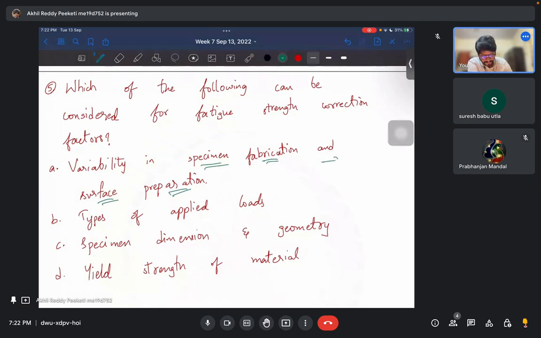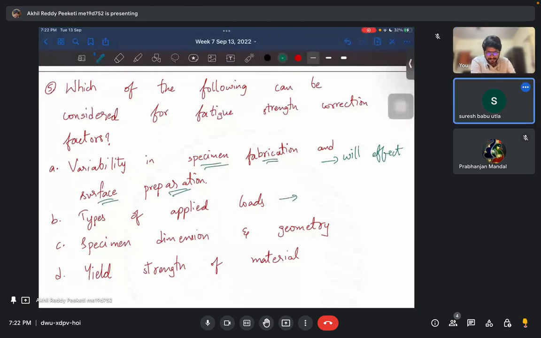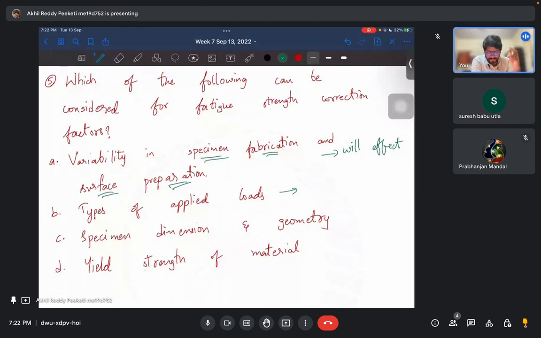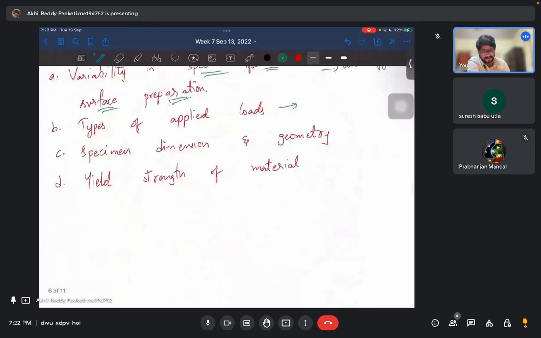And what about the types of applied loads? You have bending load, axial loads, and torsional loads. Will that play a role in determining the fatigue strength? Yes. The reason is, in bending load, you look at the axial stress developed due to the bending moment.